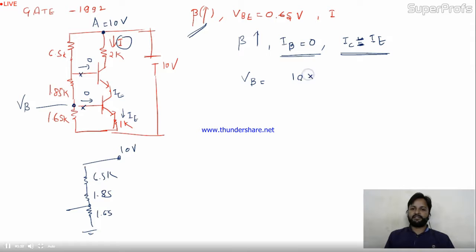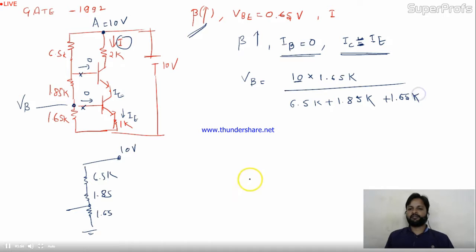VB is the source voltage, that is 10, multiplied by the given resistance, that is 1.65 K, divided by the sum of resistances in the circuit. Sum of resistances 6.5 K plus 1.85 K plus 1.65 K. Is it okay?